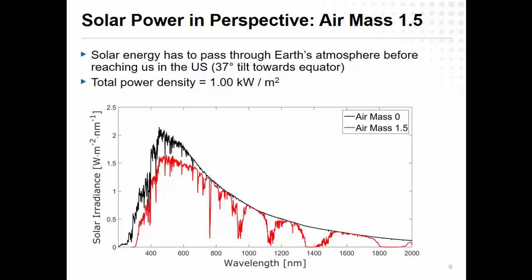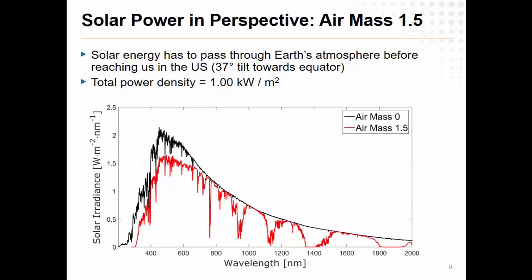However, the sun isn't ever really directly overhead. We live in the continental United States, and the Earth is tilted. So really, the sun is more at about that angle, right? So the air mass 1.5 means there's 1 atmosphere of air above you this way, and then there's like 1.5 atmospheres at this tilt.